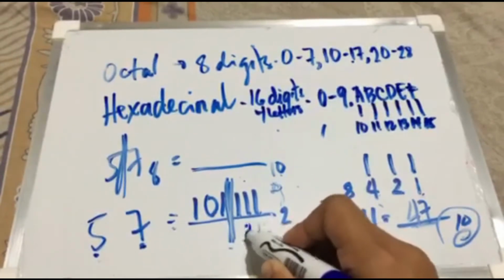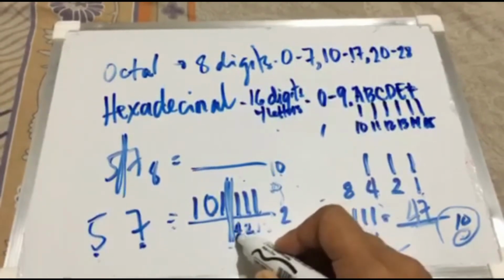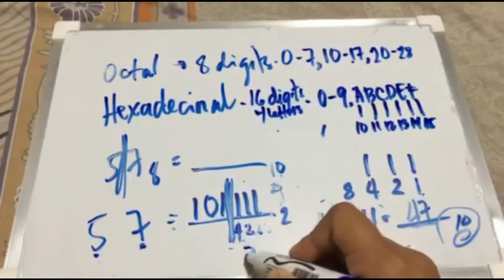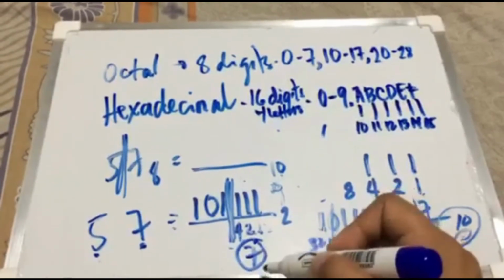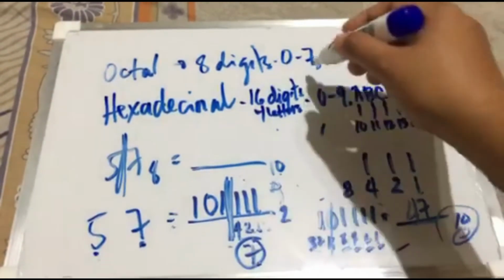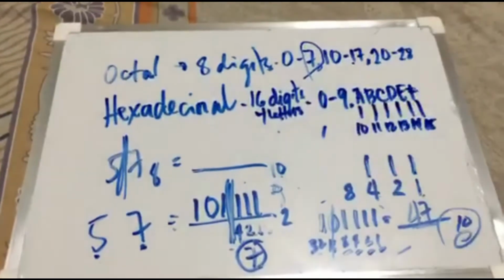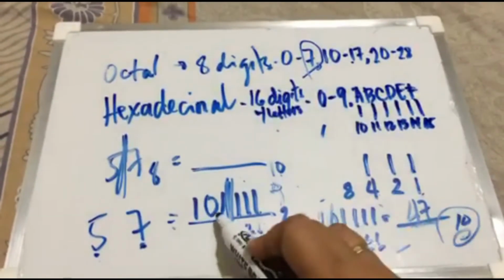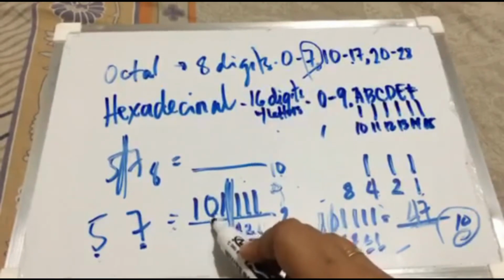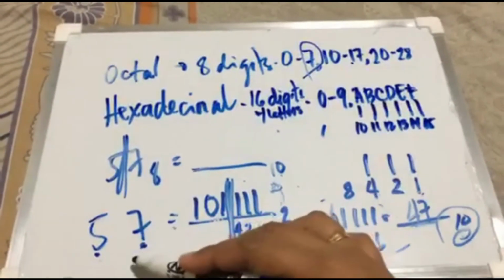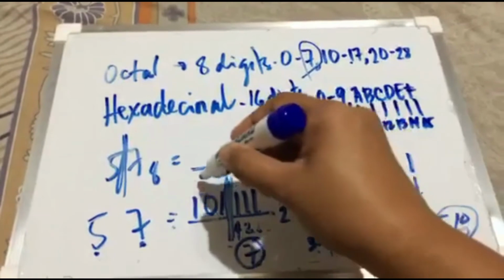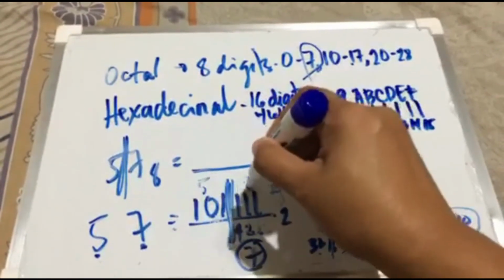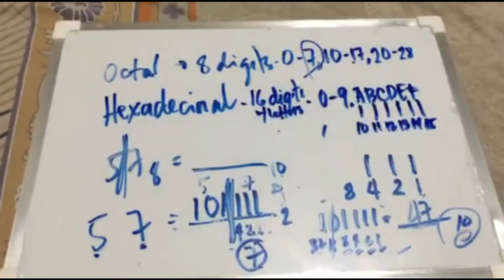So 1, 2, 4, which is 4 plus 2 plus 1 is 7. The last digit of the octal is 7. And this is another digit for octal. So this is 5 and this is 7.